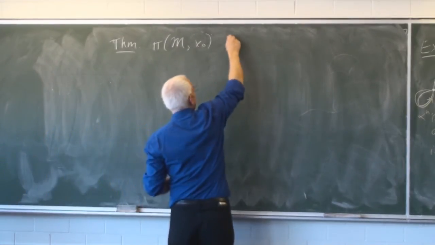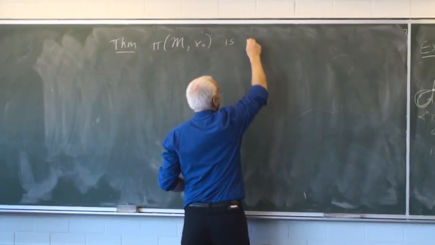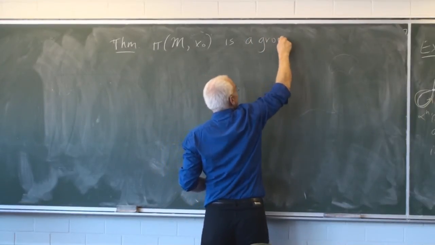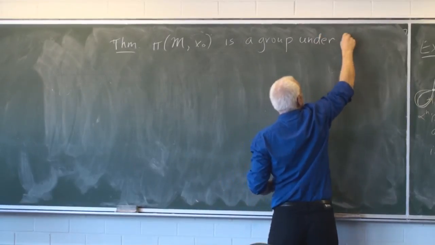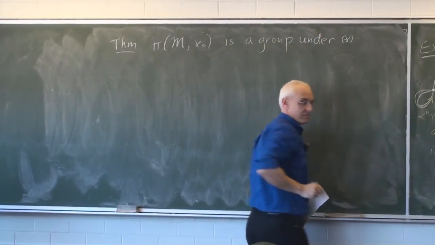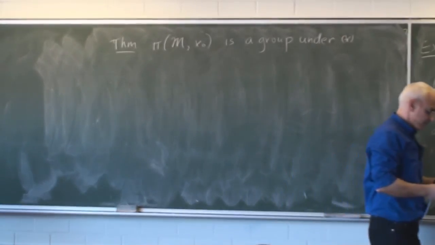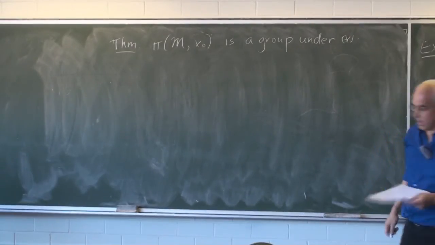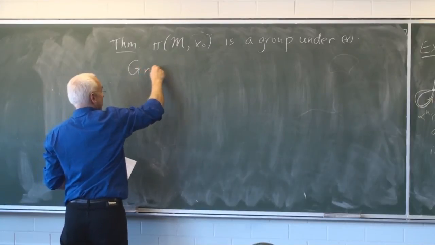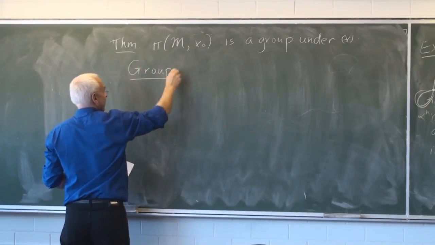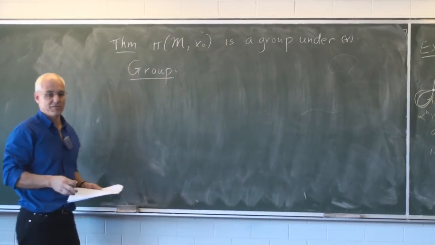I mean, I've been calling it a group, but I haven't told you what a group is. But it actually is a group in the mathematical sense under this multiplication star. And so I need to tell you what is a group, or what does it mean in this case here.